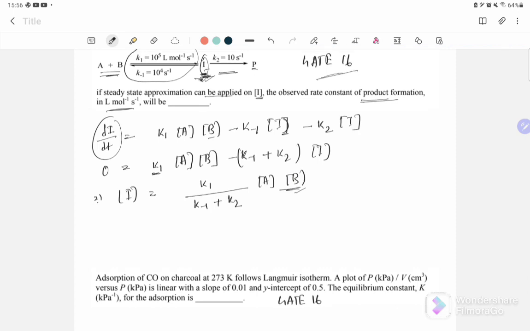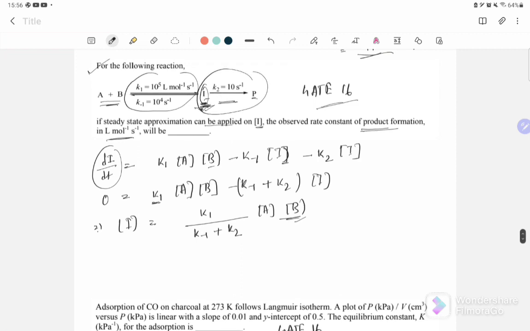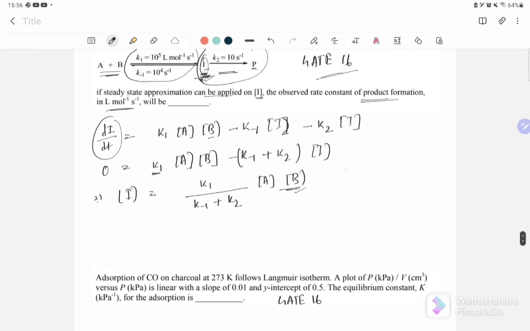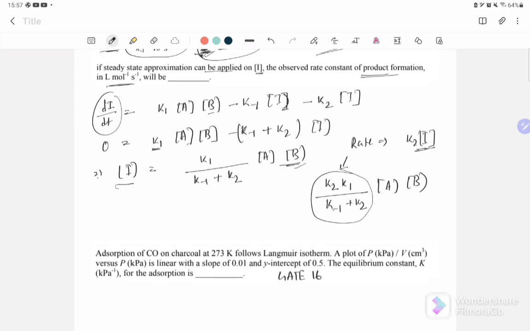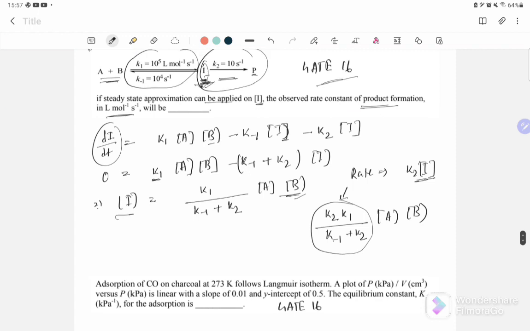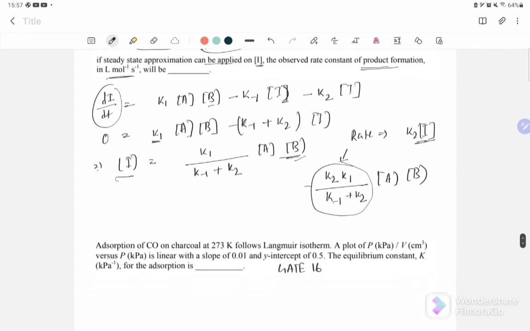So what is the rate of the reaction? Rate is k2 [I]. So I is here, so rate will be k2 into k1 by (k inverse plus k2) into [A][B]. This term is the rate constant for this reaction.